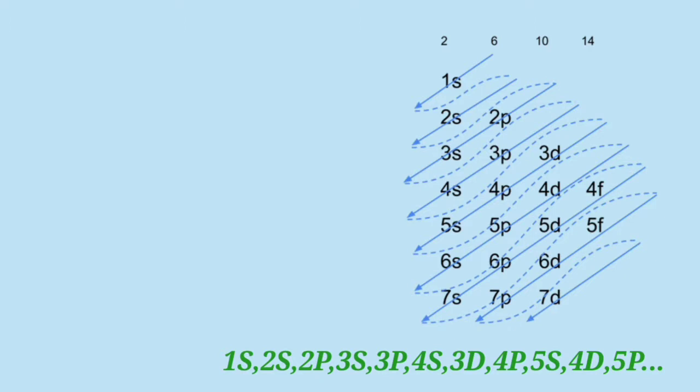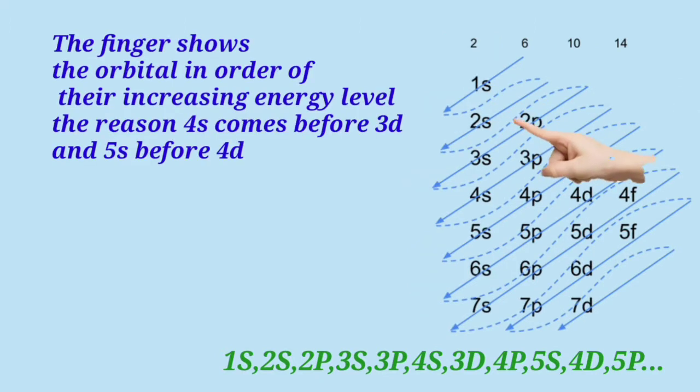I know you notice abnormality at 4s coming before 3d, where it's supposed to be 3d coming before 4s, and also 5s coming before 4d. Yes, it is so. It is not a mistake if you have followed the second way of arriving at it.